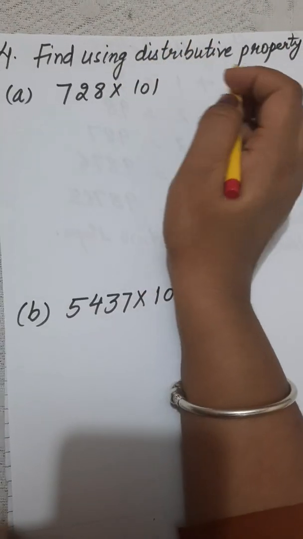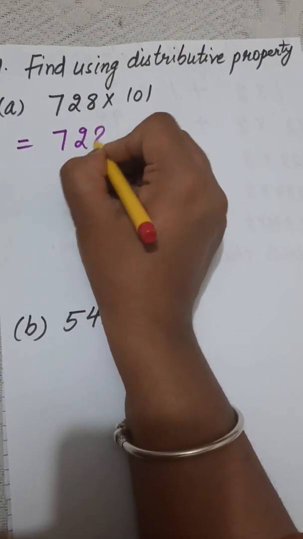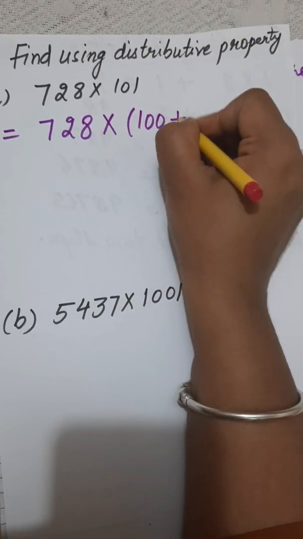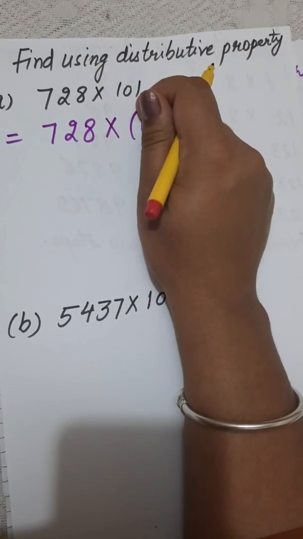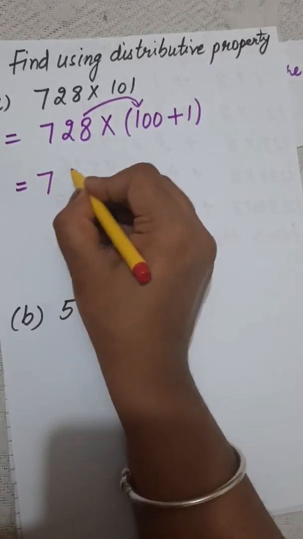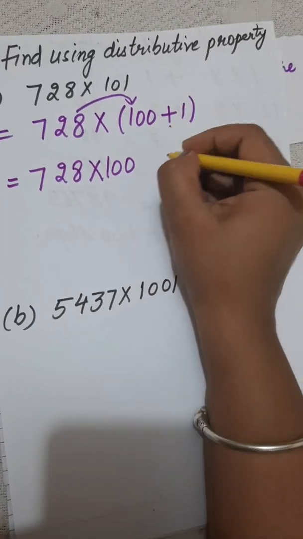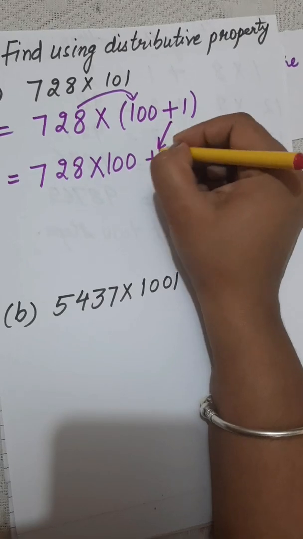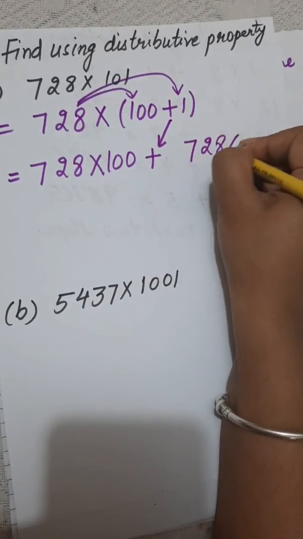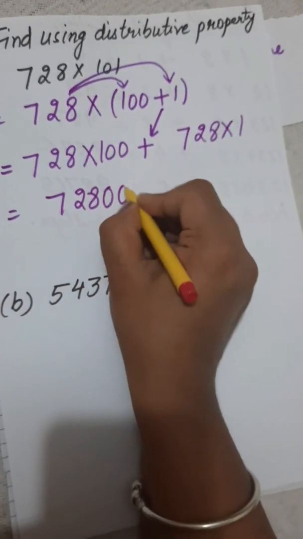Question 4 is to find using the distributive property. Now in this we have to use the distributive property. Firstly, I will write 100 plus 1 instead of 101, and as we did earlier, multiply 728 by 100 first, then plus 728 by 1.